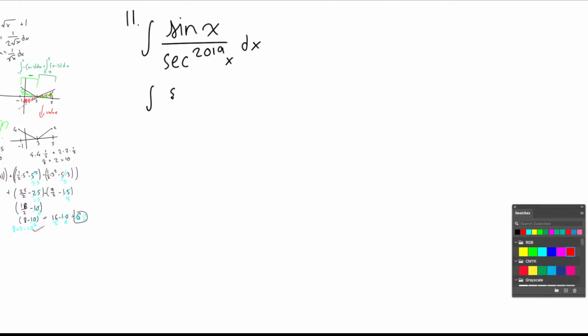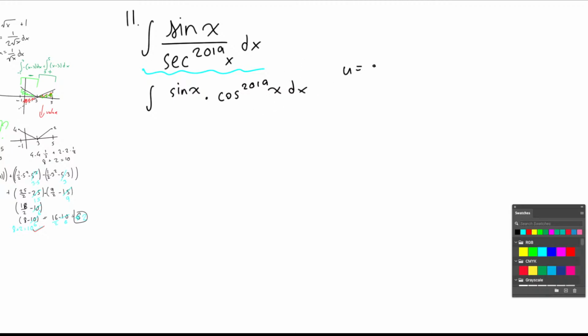So sine x over secant 2019 x. Oh, I should write that in a different color. Let's just, okay. That means sine x times cosine to the 2019 x dx.